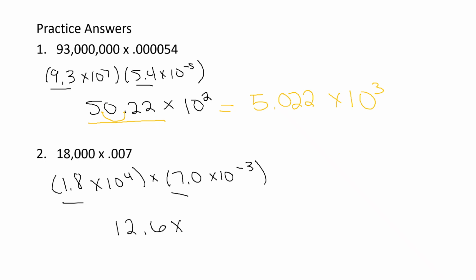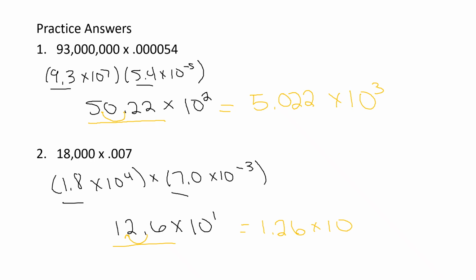I am multiplying, so I add my exponents. 4 plus negative 3 is 1. But I have another problem again, not in full scientific notation. So I'm going to move my decimal one place. I'm moving it to the left, so it is a positive 1.